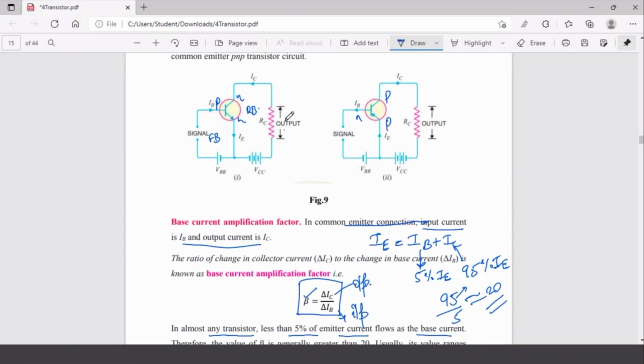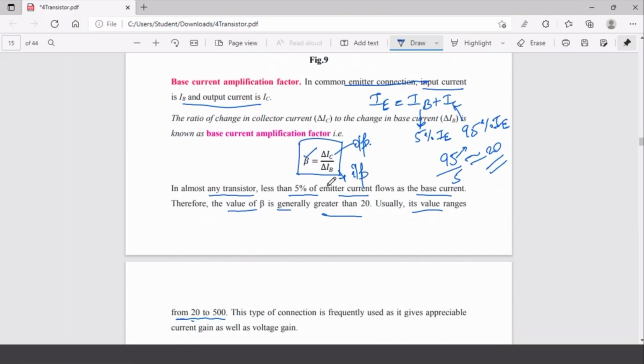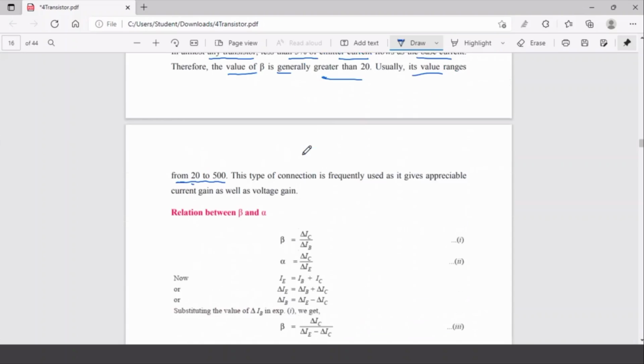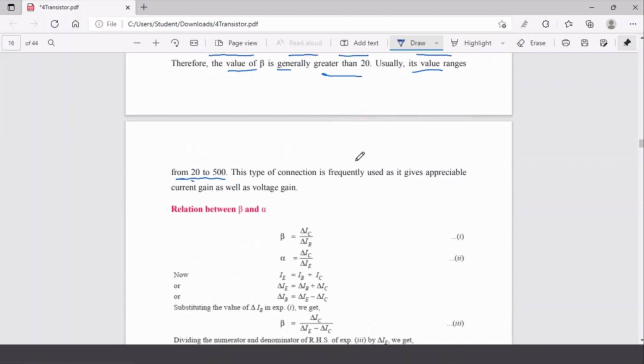So output divided by input, the current gain which you are getting here in a common emitter configuration, is beta. This gain is very, very high. So this type of connection provides appreciable current gain as well as appreciable voltage gain, and this configuration is generally used for transistor action.